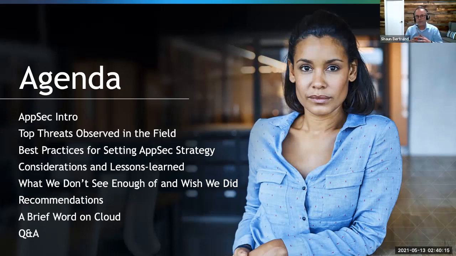We'll walk through some of these considerations and lessons learned, talk through what we don't see enough of and what we wish we did see more of. Then we'll round things out with some recommendations, a little discussion on cloud, and then open it up for a more informal Q&A.